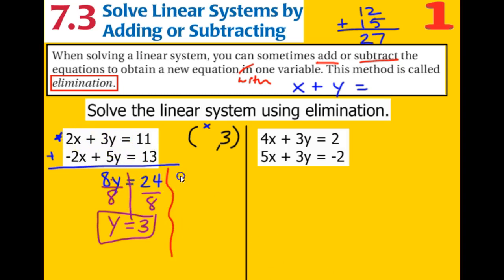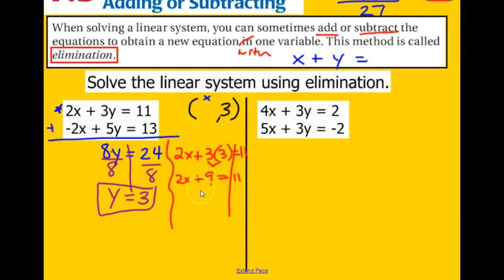So it says 2x plus 3y, and y is really a 3, equal to 11. You can do this below if you don't have enough room here. So I'm going to solve this. 3 times 3 is really just 9. So we have 2x plus 9 equal to 11. And then just solve. Subtract 9.